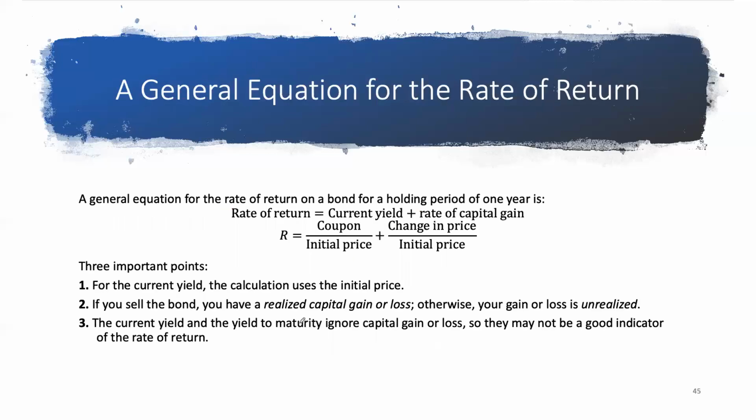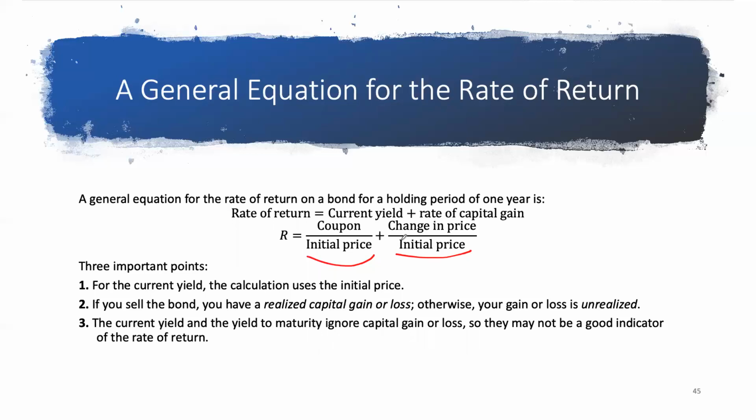So we can usually disaggregate the return on the bond into two sources: what we call the current yield, which is the coupon over the initial price, plus the rate of capital gain, which is the change in price over the initial price. So that's kind of a general equation.